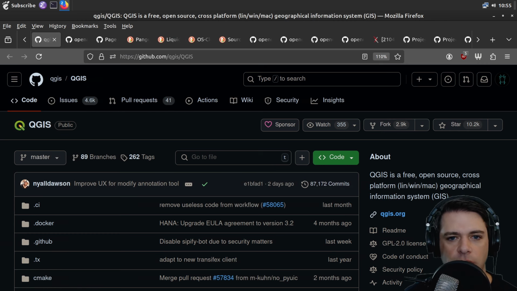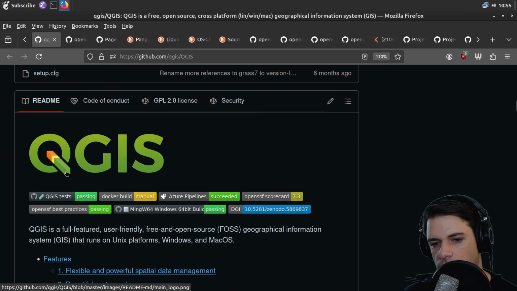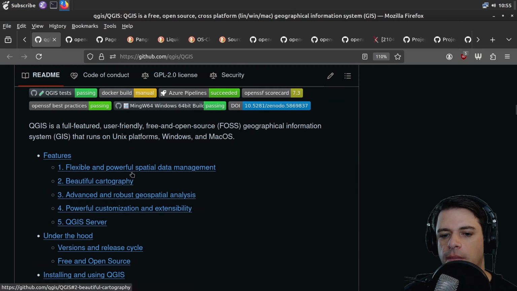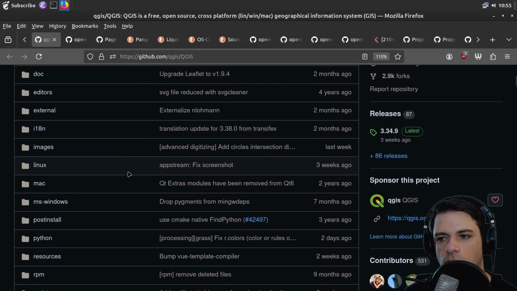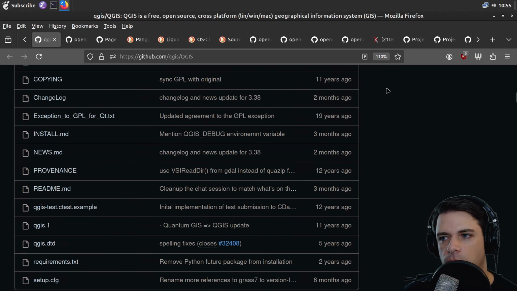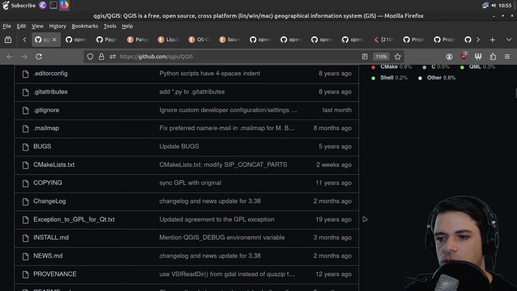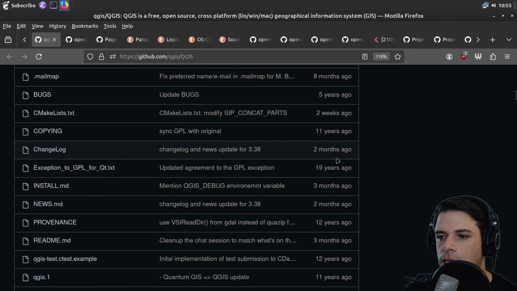old repository though. So QGIS, this should be some geographic spatial stuff, which we haven't looked at any geographic GIS stuff yet. But this is maybe less climate-y and more map visualization-y. A free open source cross-platform geographical information system. And that's probably important, I would guess. Some of this is 19 years ago, is that right? Exception to GPL for Qt.